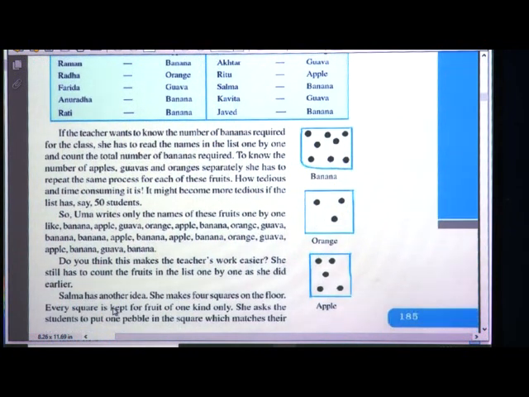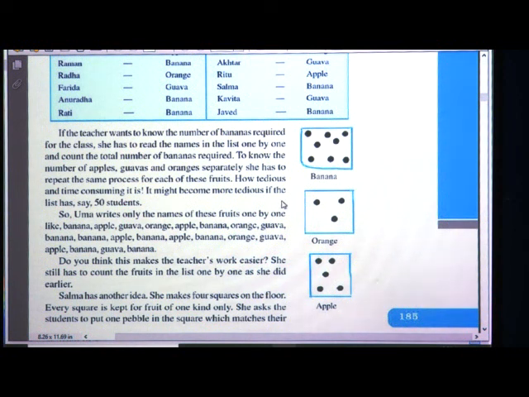And then Salma suggested one idea wherein 4 squares are made on the names of fruits: banana, orange, apple and guava, and pebbles are put in the squares to count the number of students who like banana, orange, apples or guava.